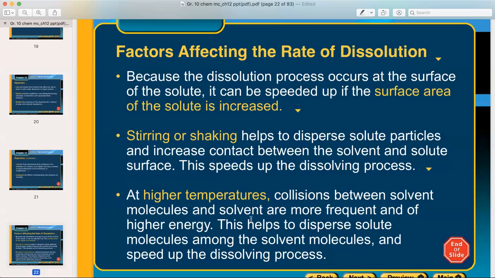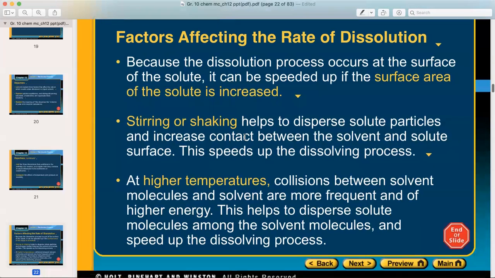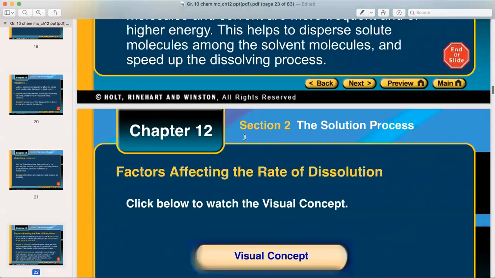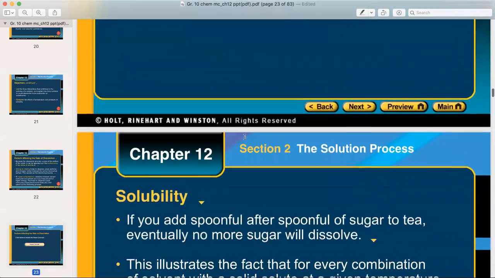As a result, when the solute particles collide with the solvent particles, the dissolving process speeds up. So these are the three main factors which increase the rate of dissolution, or the rate of dissolving. This is the first topic. Let us move to the next one.